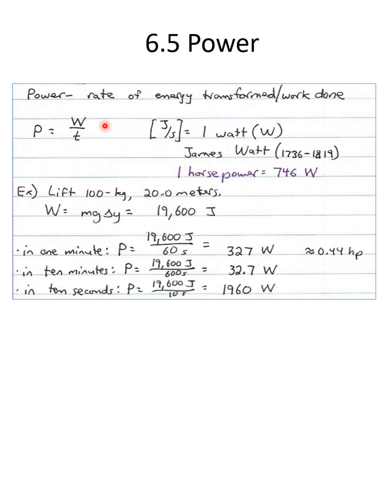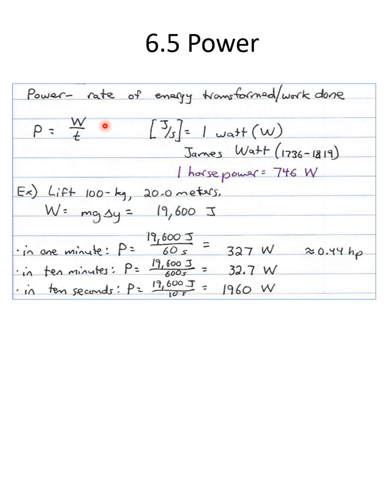It could be heat that is transferred from one place to another. It could have to do with electrical energy, or a variety of different kinds of energies that are either turned from one form to another or are moved from one place to another. But for now, we'll just say that power is work divided by time.